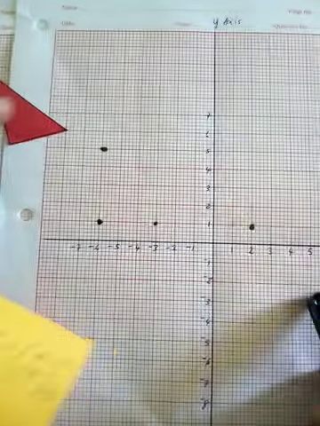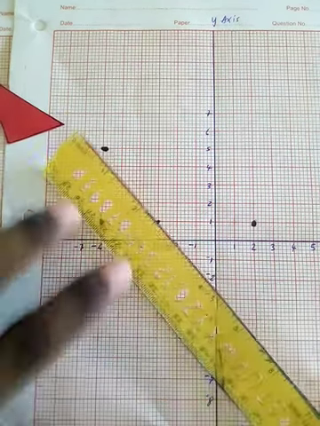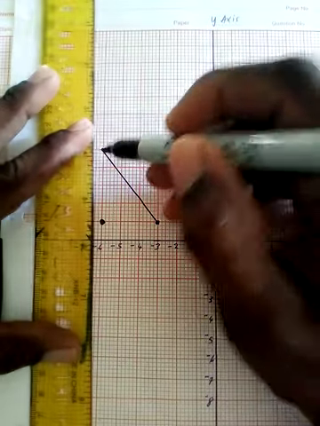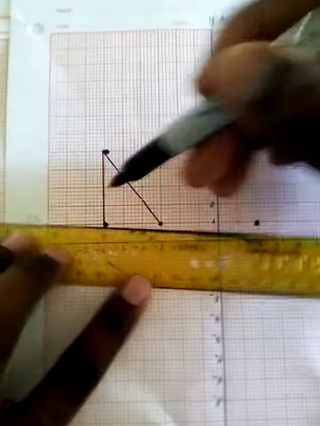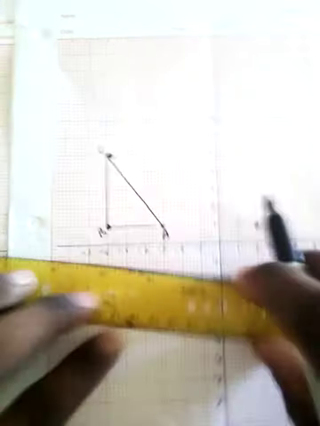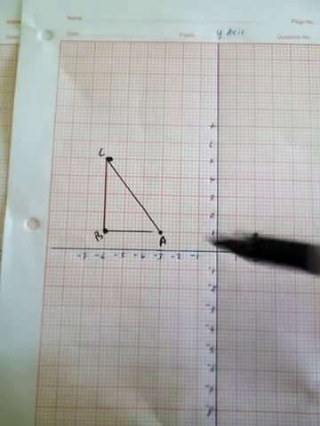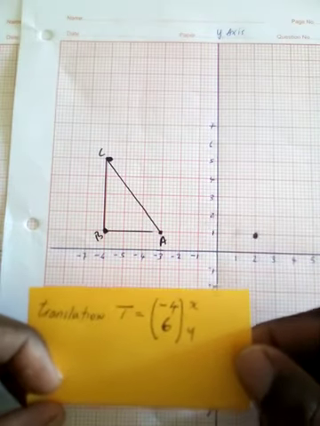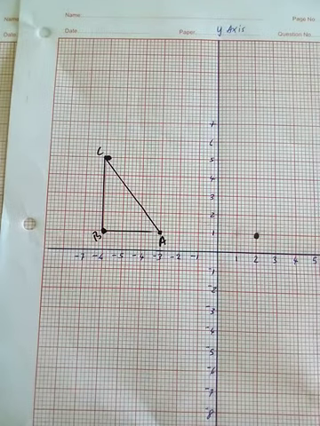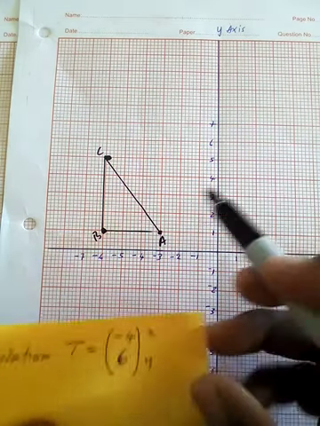So for example, these 3 points here, if I create this triangle right here, on points A, B, C. If you are given the question to translate each point using this vector, we will just simply observe each point.